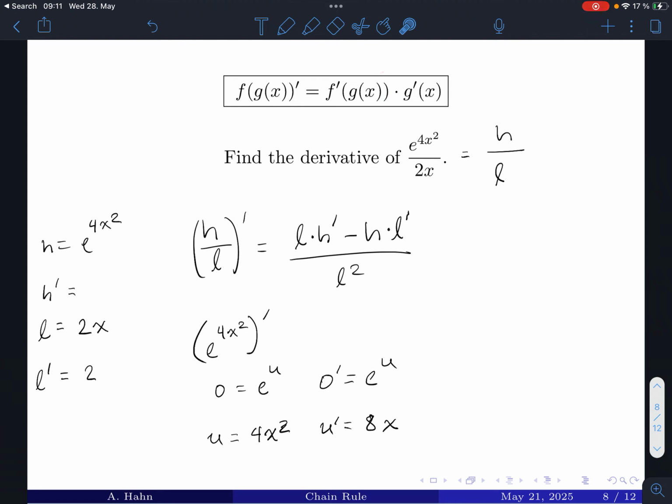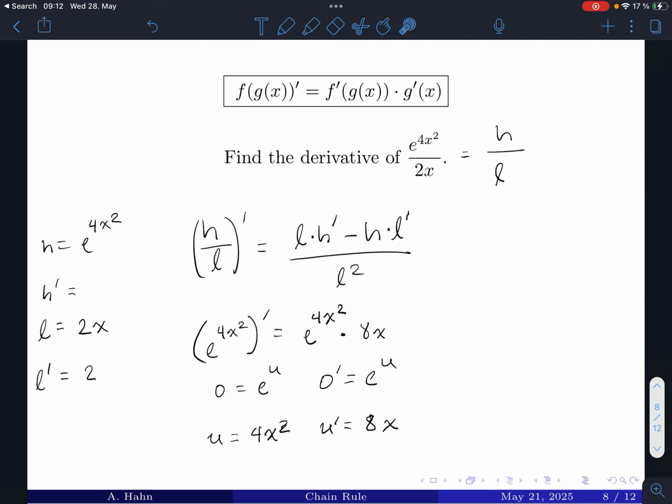And then, of course, we have our rule. We take the derivative of the outside evaluated at the inside, multiplied by the derivative of the inside. So this is going to be e to the 4x squared times the derivative of the inside, 8x.